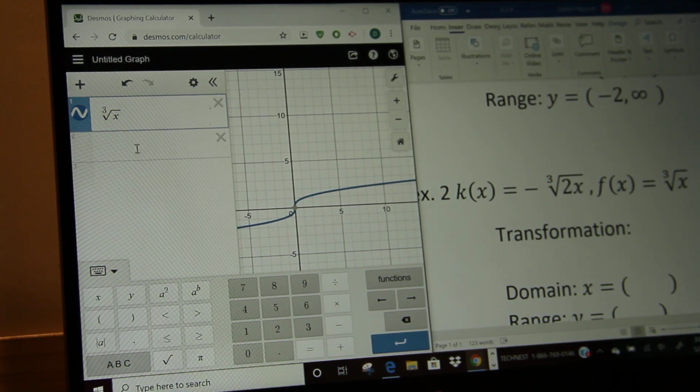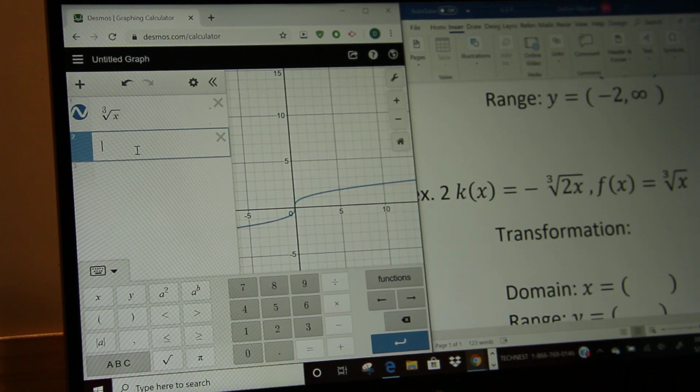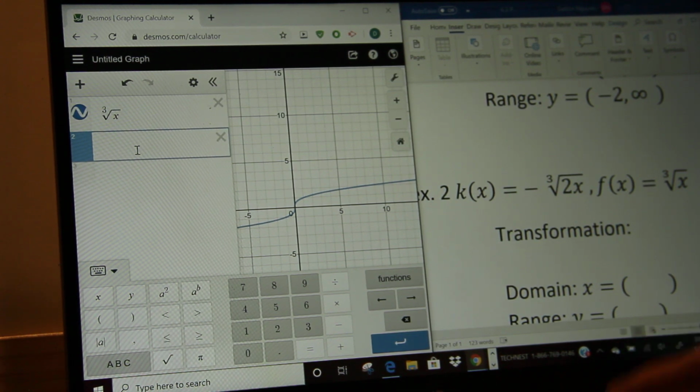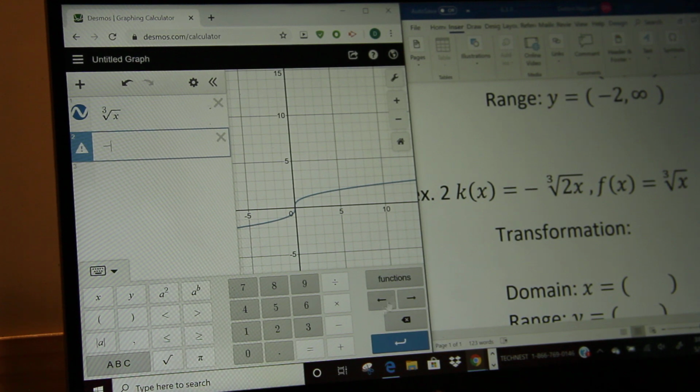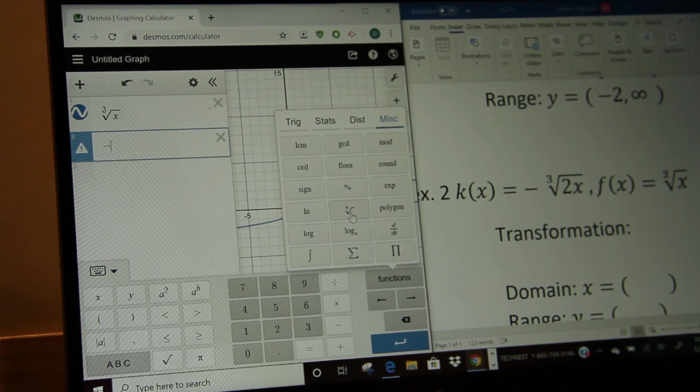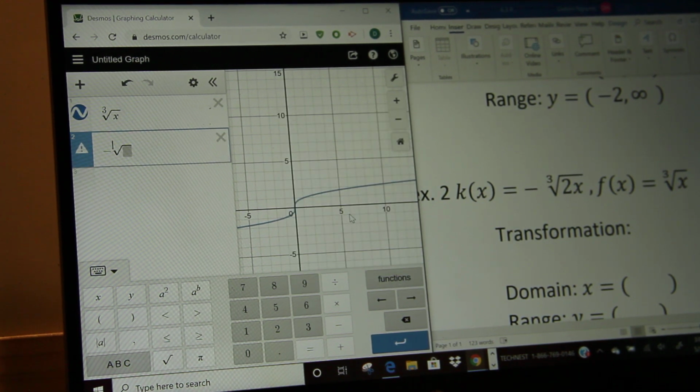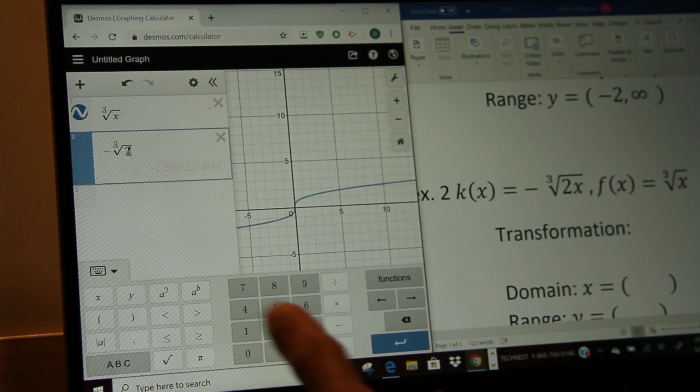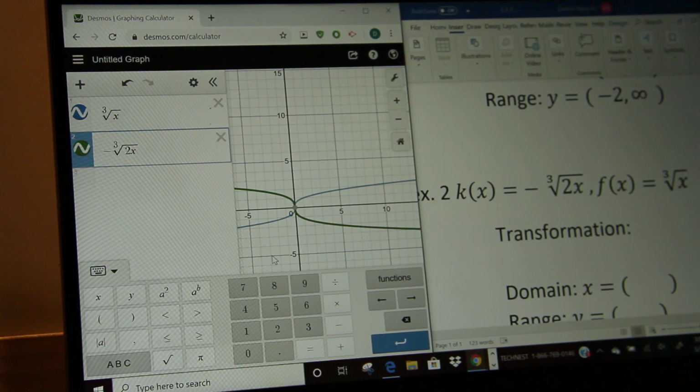Then on the next box below, I'm going to write down the actual transformation. Negative, press functions again, that nth root symbol, I'm going to type in 3, and this time it's going to be 2x. So that's my transformation. So what does it look like?